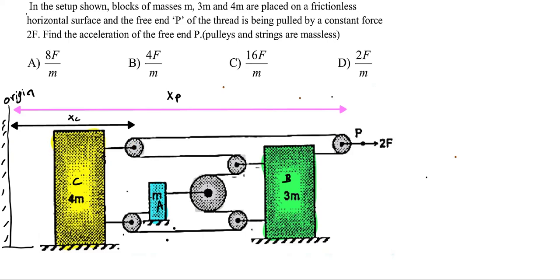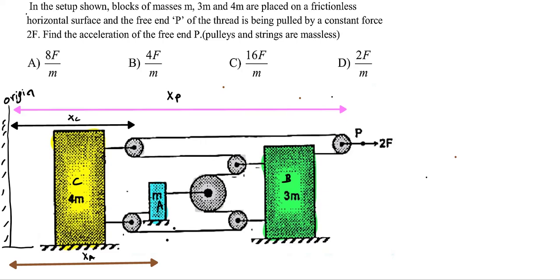Next we'll define one more block here. Till here is xc.